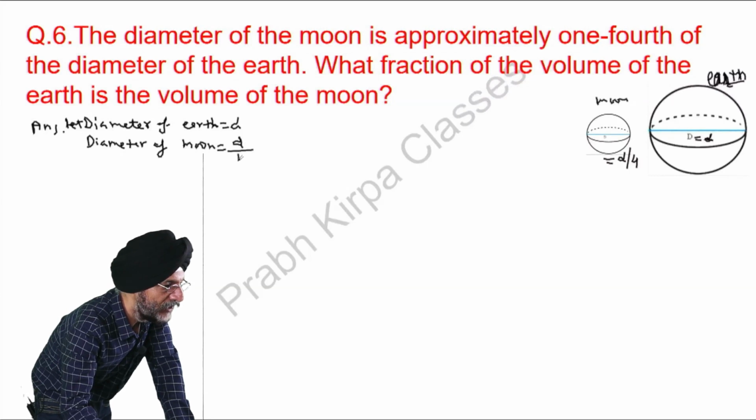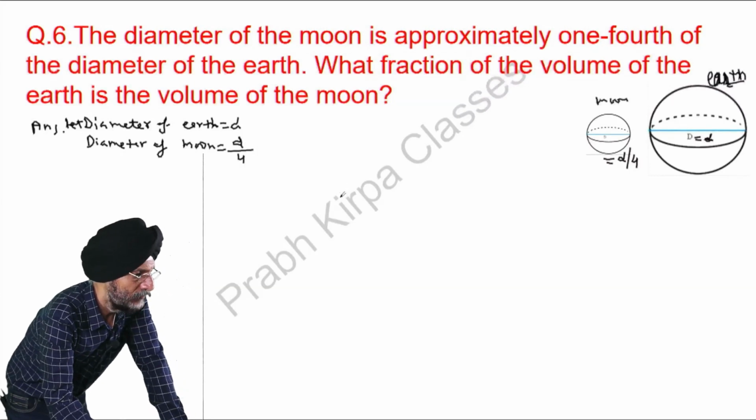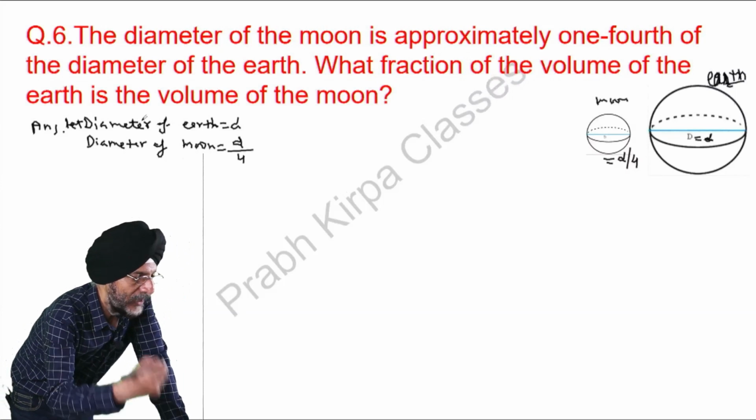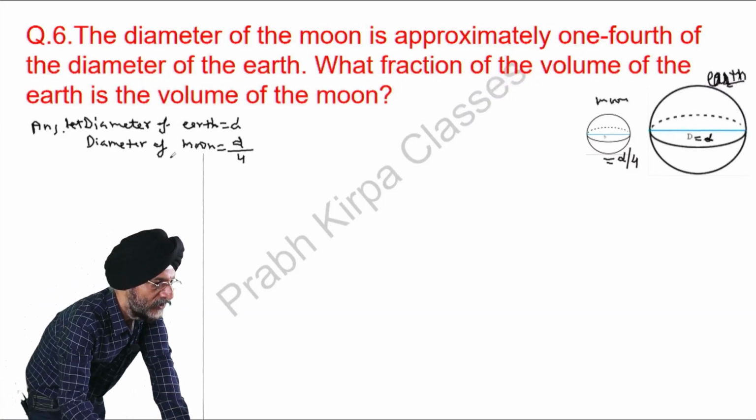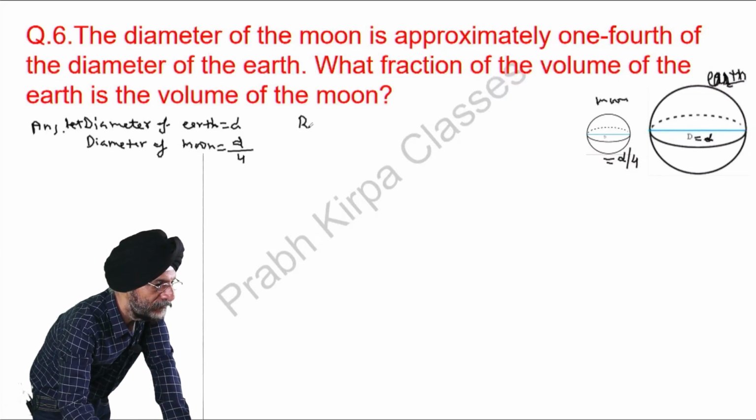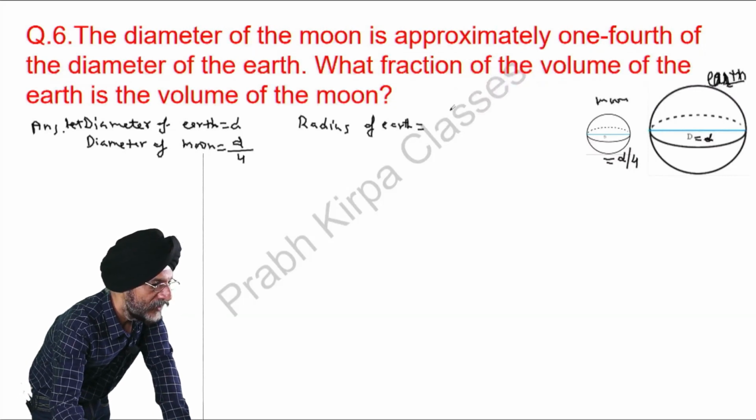So it will be d divided by 4. Because the diameter of the earth as well as the diameter of the moon is known to us, we will calculate the radius. Radius of earth will be d over 2.